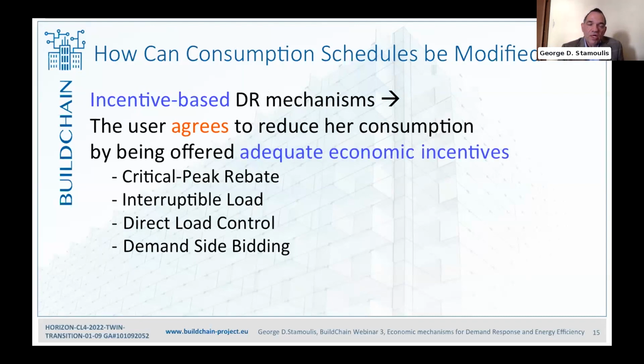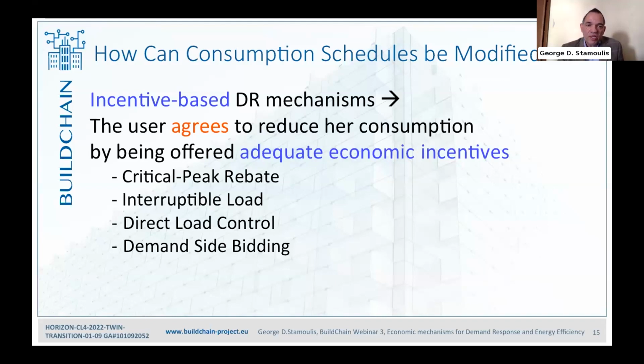Another way to modify the optimal consumption schedule of a user is to provide him incentives. So we have also incentive-based DR mechanisms. And the idea here is that although the pricing scheme does not change, the user agrees to reduce her consumption when being offered adequate economic incentives.